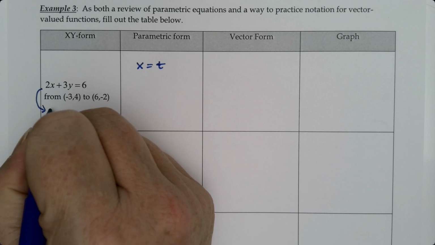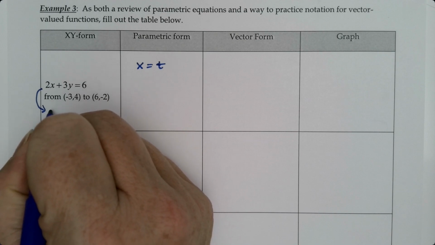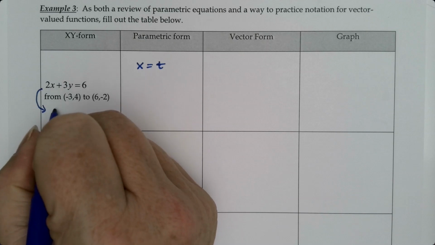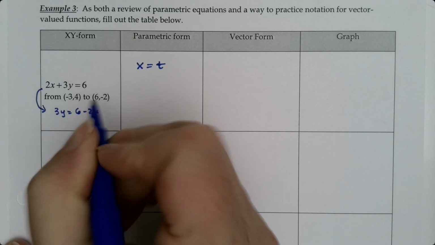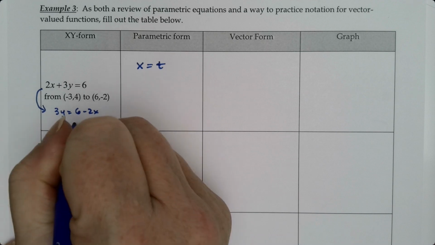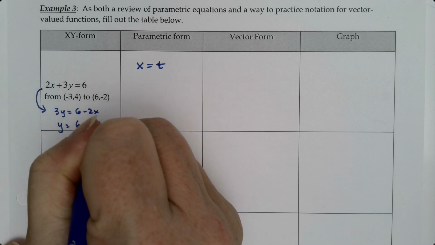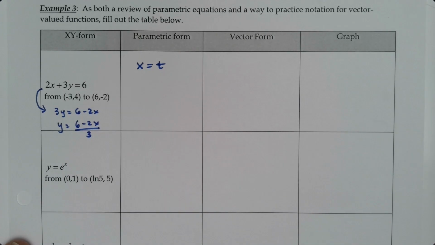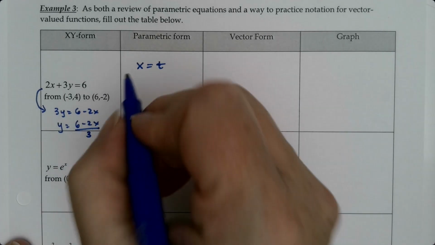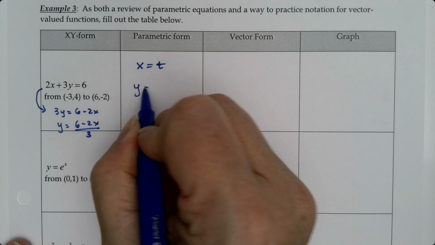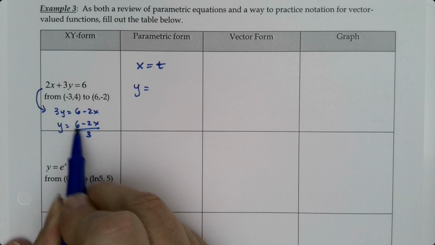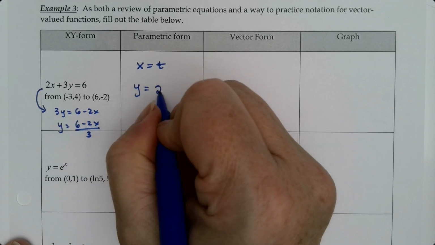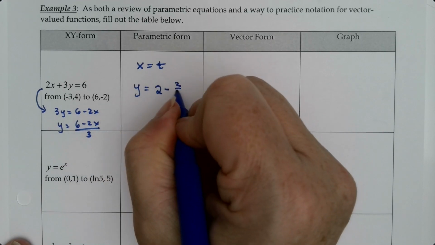So you'll have to say, okay, 3y equals 6 minus 2x. So y would be equal to (6 minus 2x) all divided by 3. All right, so then when I go to the parametric form, y equals, well, 6 divided by 3 is 2, so 2 minus 2/3 t.